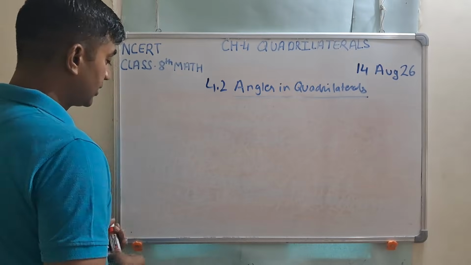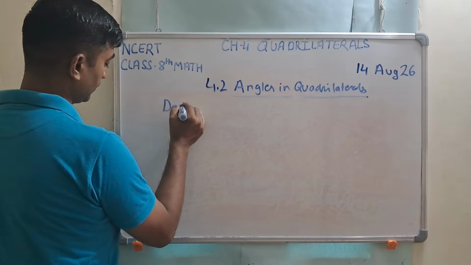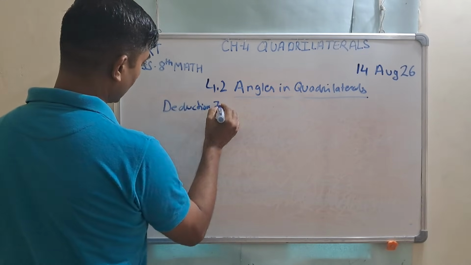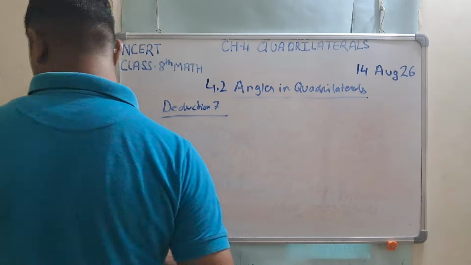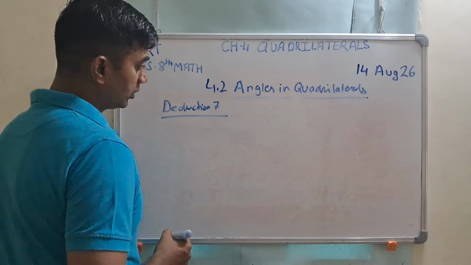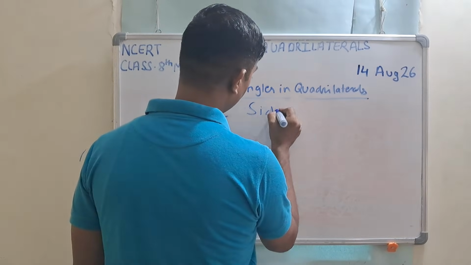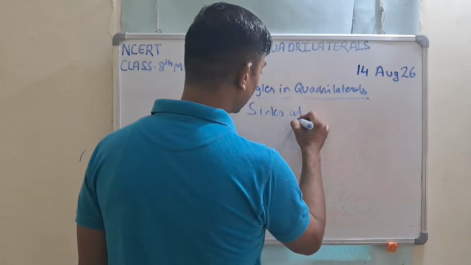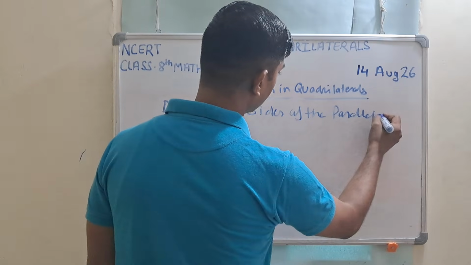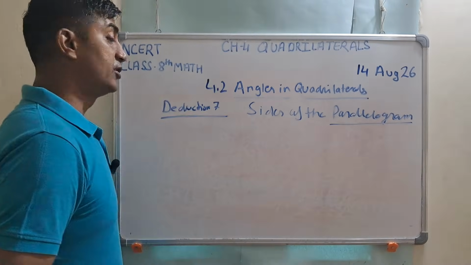Now we have deduction 7. What is deduction 7? They are saying that we have to establish the relation between the sides of the parallelogram.